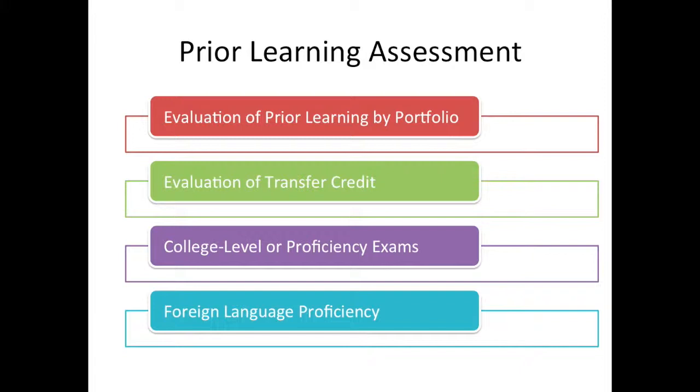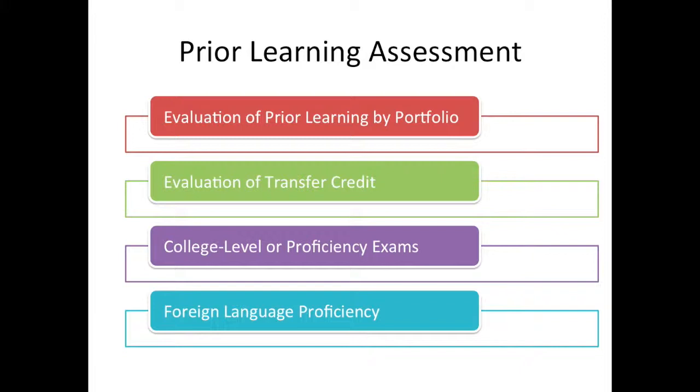Of course, there's also the evaluation of transfer credit, which many of you probably have already attained from other courses that you've taken throughout your career. You can also do college level proficiency exams, otherwise known as CLEP. Eileen Capone, who you've probably met with, has information about that, if you wanted to test out of a course you've already had experience with.